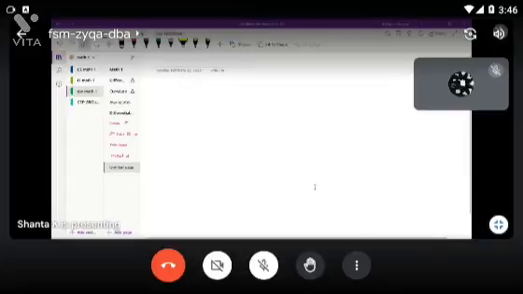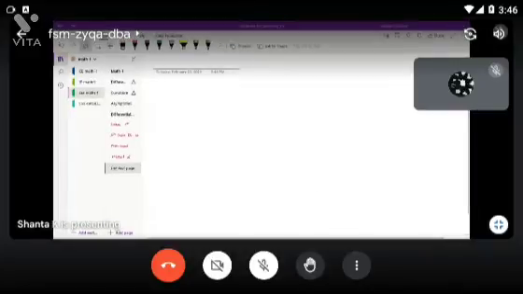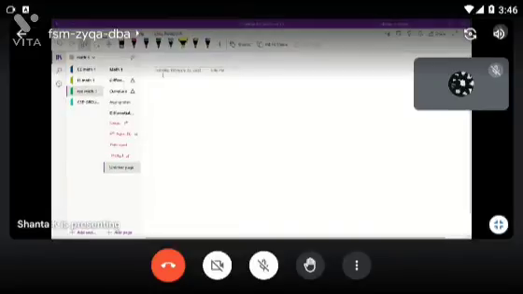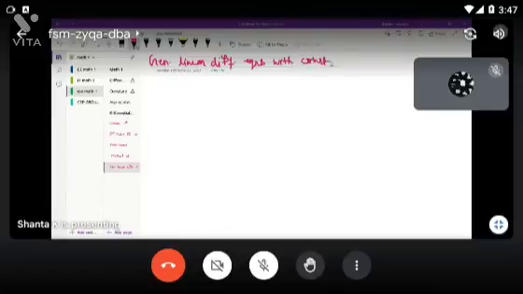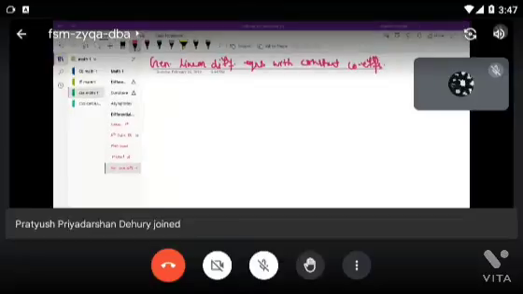So here we have general linear differential equations with constant coefficients. Now, what is the form for this one?